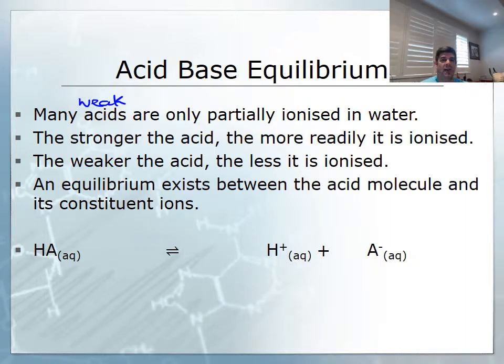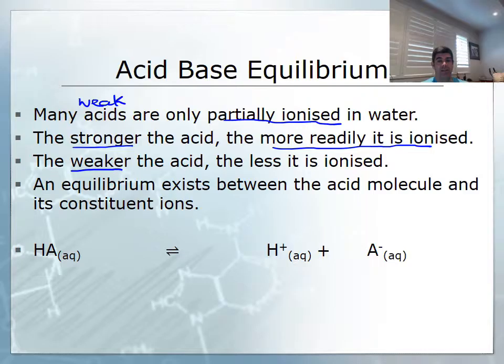So weak acids only partially ionize in water because strong acids will fully ionize and therefore will not reach an equilibrium. But weak acids only partially ionize in water, and we do have a grading scale for acids. So the stronger they are, make sure we're using the terms strong and weak, the more readily they are ionized, and the weaker they are, the less they're ionized.